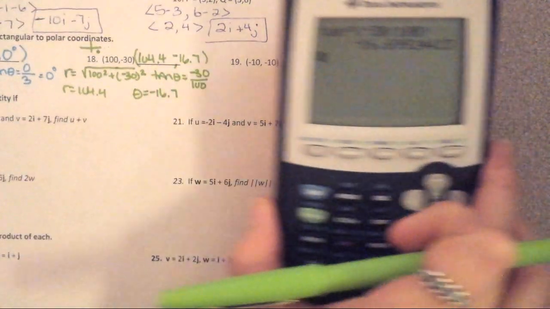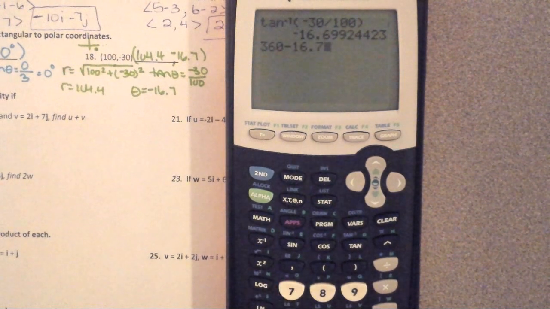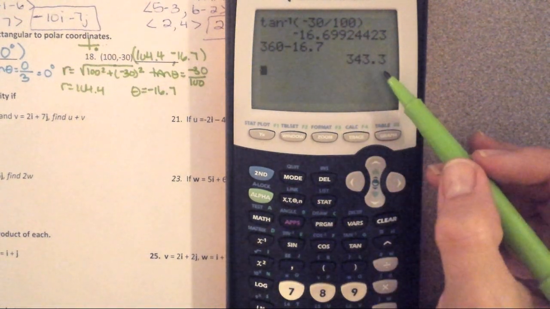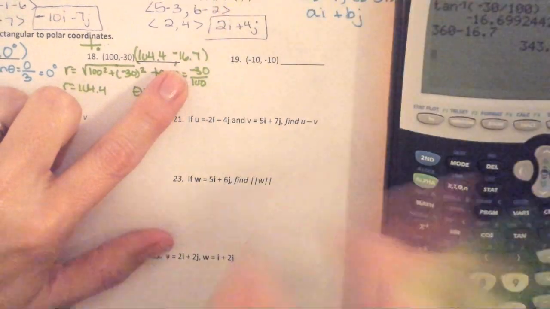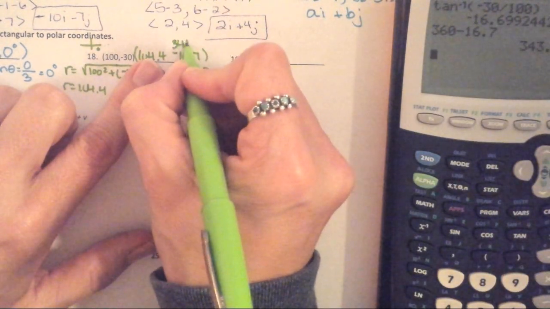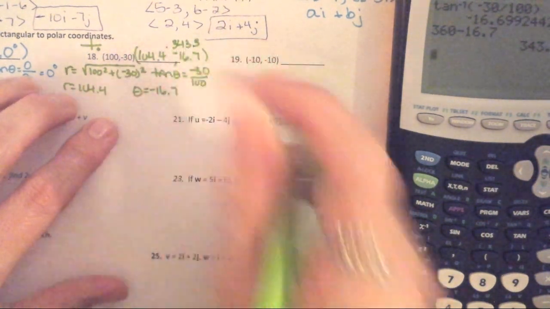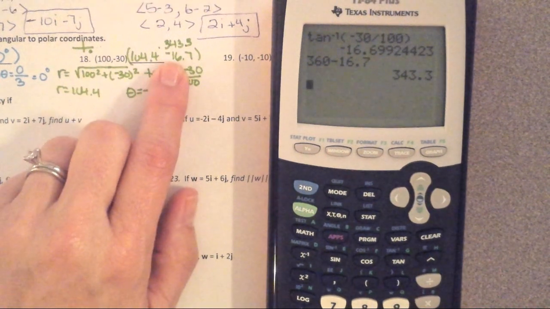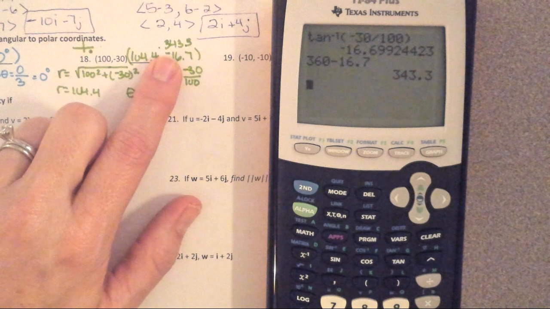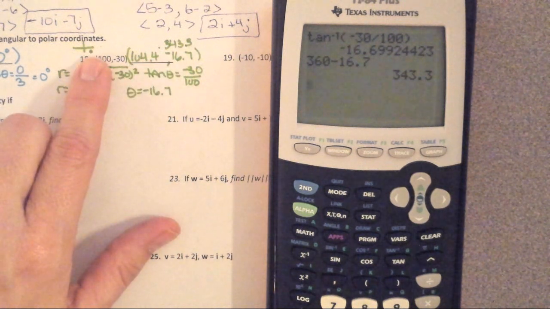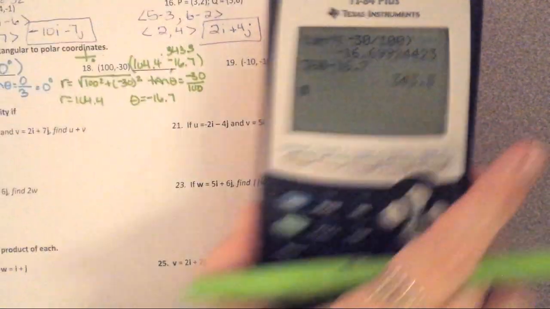So I can also make this a positive answer by saying 360 minus 16.7, and you get 343.3, which is between 270 and 360. So we're going to put both answers down for theta because Ms. Puckett could put either on the test. She can put negative 16.7, which would be in quadrant 4, or she could put 343.3, which is also in quadrant 4. These are both correct answers. They're equivalent.